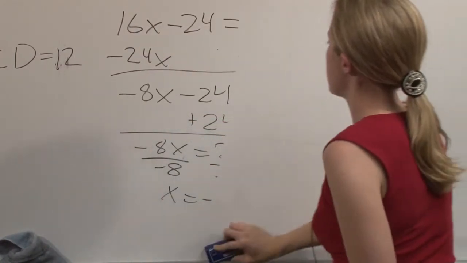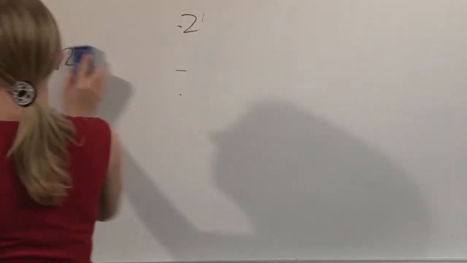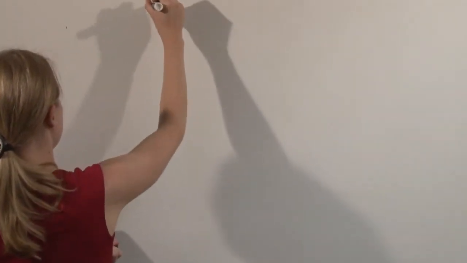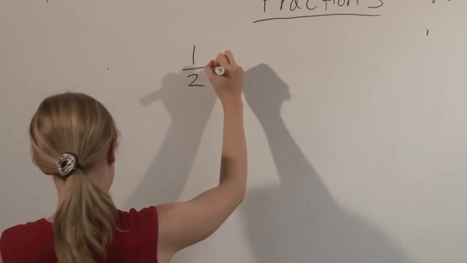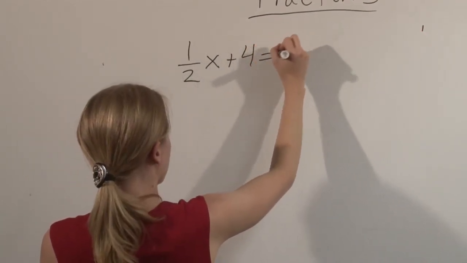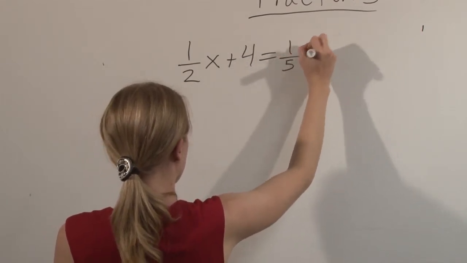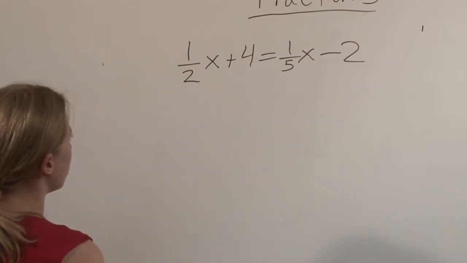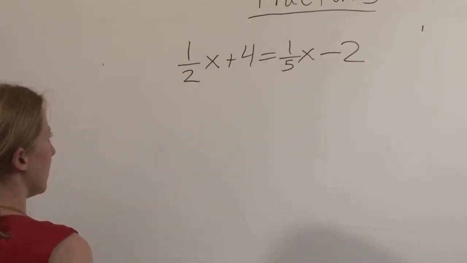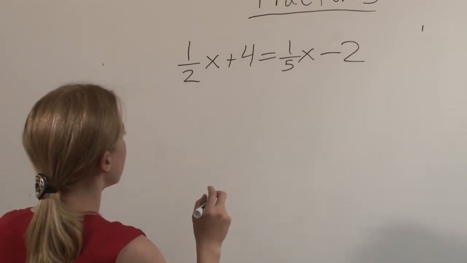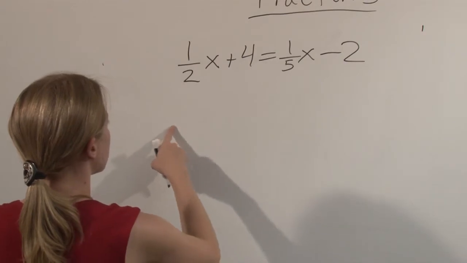So here's another example where I'm going to want to clear the fraction by multiplying by the GCD before I solve for x.